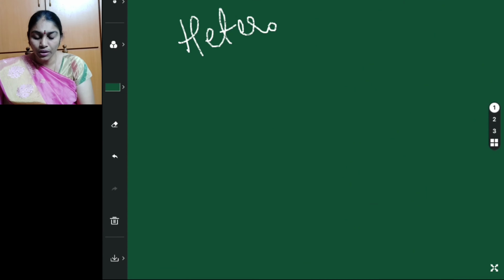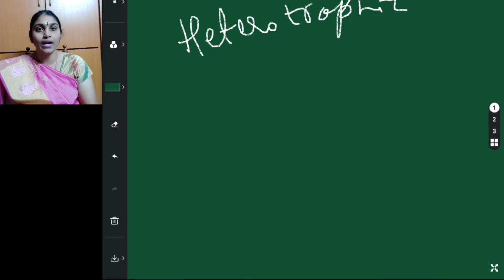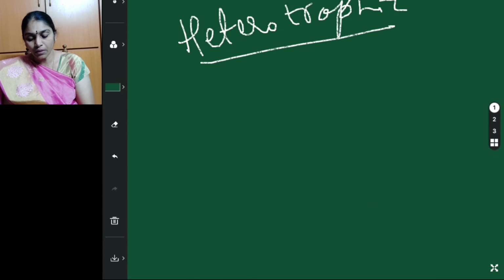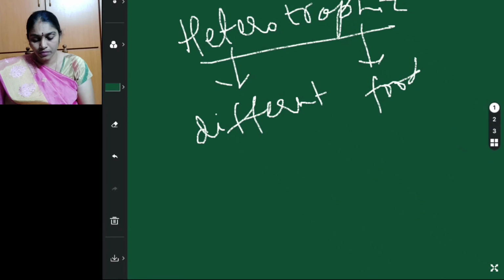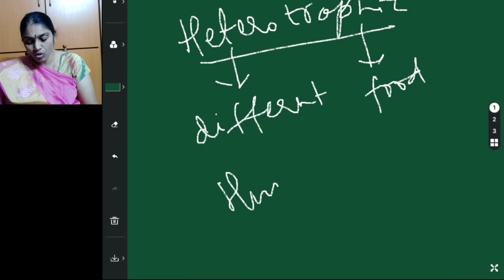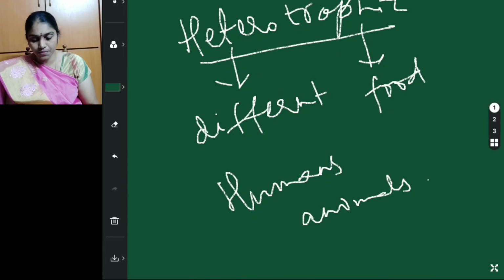Heterotrophic nutrition: including humans, all the animals depend on plants for their food requirements. Hetero means different, and trophic is nothing but food. So the animals or organisms which depend on other organisms for their food requirement are called heterotrophs, including humans. All the animals are heterotrophs.